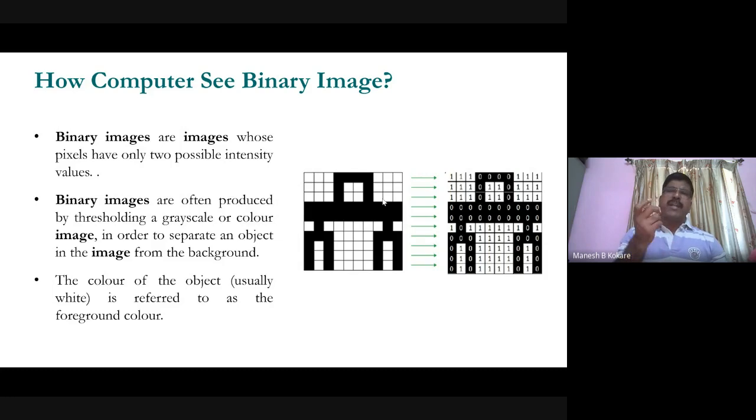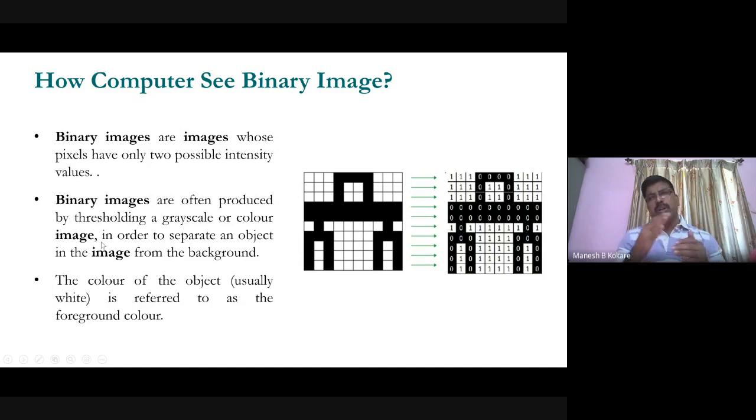I told you that in a computer vision system, we have a color camera which captures images in the form of color, with three planes. So how do you obtain the binary image from the color image? Binary images can be obtained by thresholding a grayscale or color image.